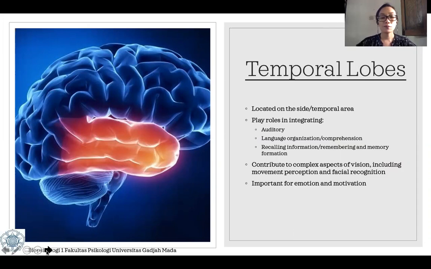So a tumor in the temporal lobe may give rise to elaborate auditory or visual hallucination, whereas a tumor in the occipital lobe ordinarily evokes only simple sensations such as flashes of light. All right, we explore this issue further in the chapter of emotion later in Biopsychology 2 class.